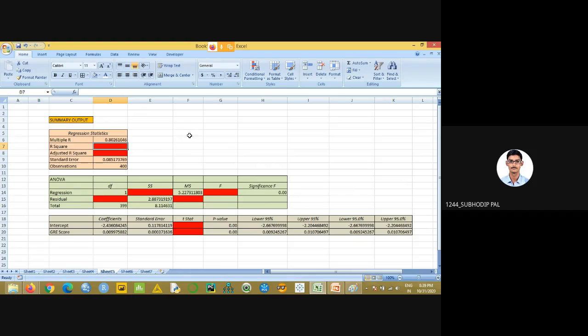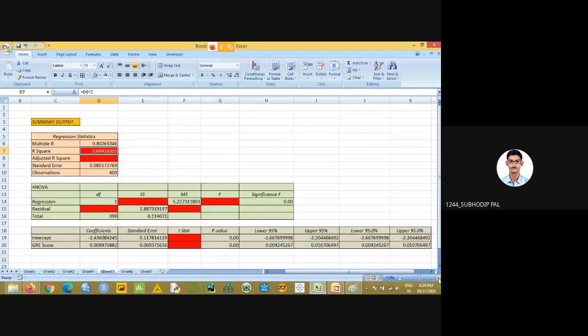So first thing is how do we calculate R square? I know the R value. R value is given, but R square value is missing here. So R square value will be calculated by squaring this multiple R. This is my R square value. 0.64418.